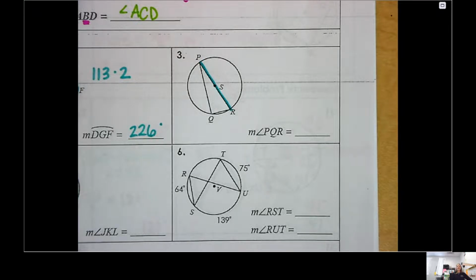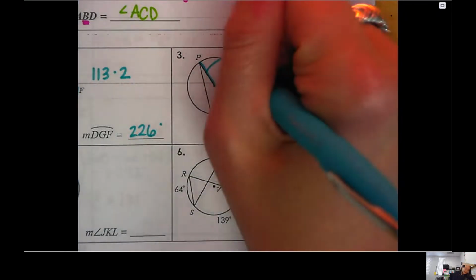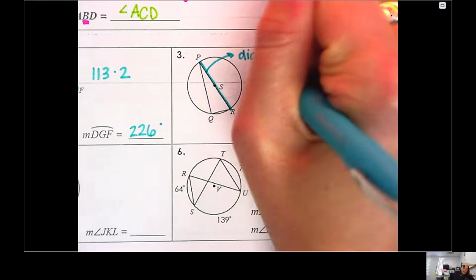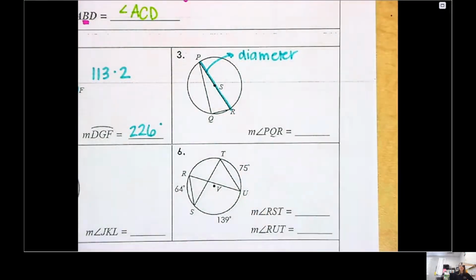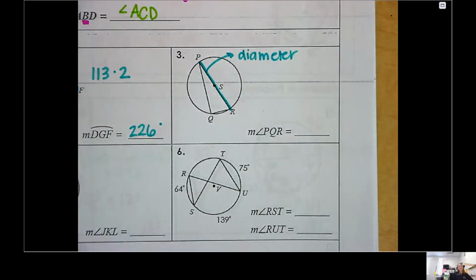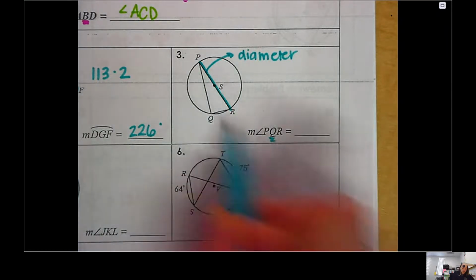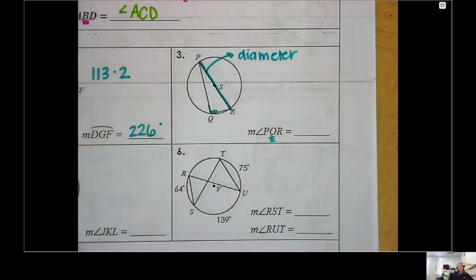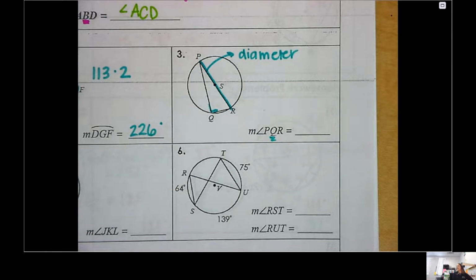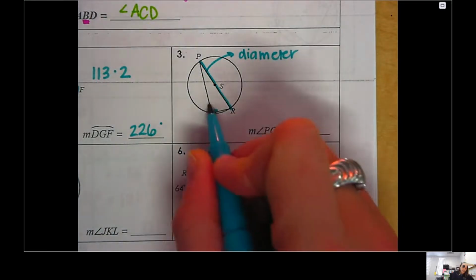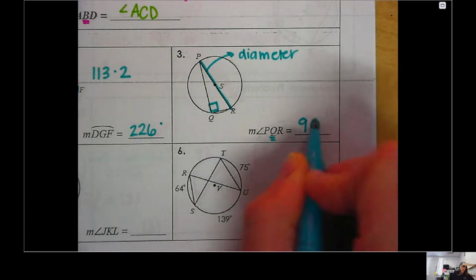I didn't make the word. I don't know what to tell you. I'm sorry. Okay, this is a diameter, which means it's how many degrees? 180. So if you're looking at angle Q, which opens up to that 180, what does that mean it is? It's 90. It's half of it. Yeah, that's it.